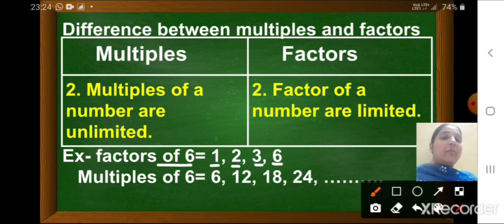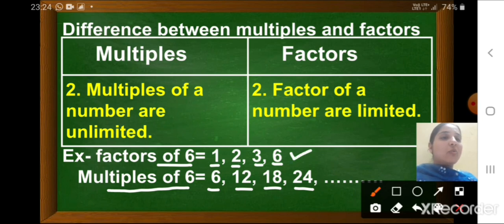Then we will write the multiples of number 6. So here you can see 6 1s are 6, 6 2s are 12, 6 3s are 18, 6 4s are 24. Or you can keep multiplying it by any counting number to get the multiple of 6. So what do you see here? That factors of a number are limited.